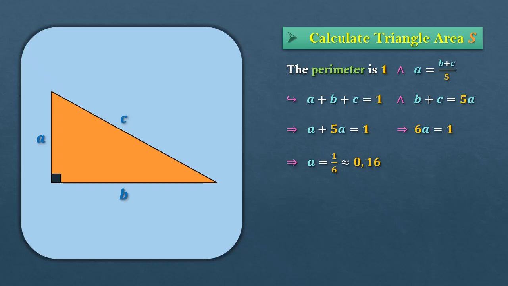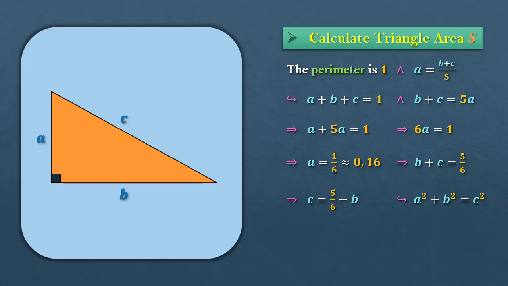Next, we substitute A equals 1 divided by 6 into the equation B plus C equals 5 times A. This becomes B plus C equals 5 divided by 6, which implies that C equals 5 divided by 6 minus B. Because the triangle is a right triangle, we apply the Pythagorean theorem A raised to the power of 2 plus B raised to the power of 2 equals C raised to the power of 2.